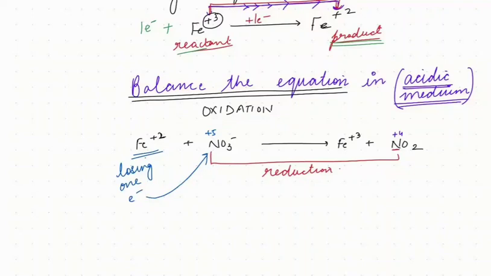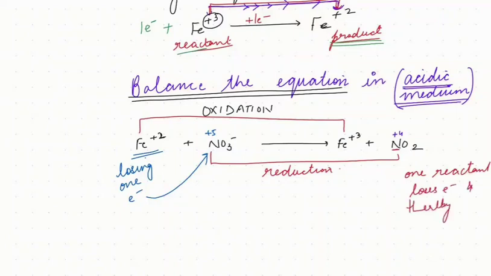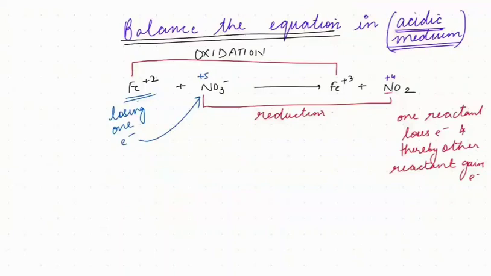So one reactant loses electrons, and thereby the other reactant gains electrons. One reactant gains electron and one reactant loses electron. Simple. So what do you do? You separate the oxidation half reaction.